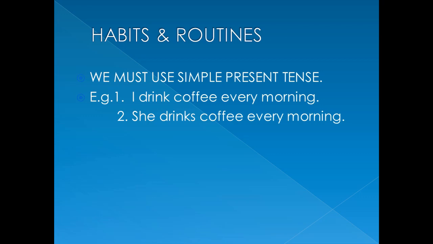Now, these 2 sentences show a habit or routine. So if you want to express your habits or routine, you must use simple present tense. See another example. I visit my parents on weekends.